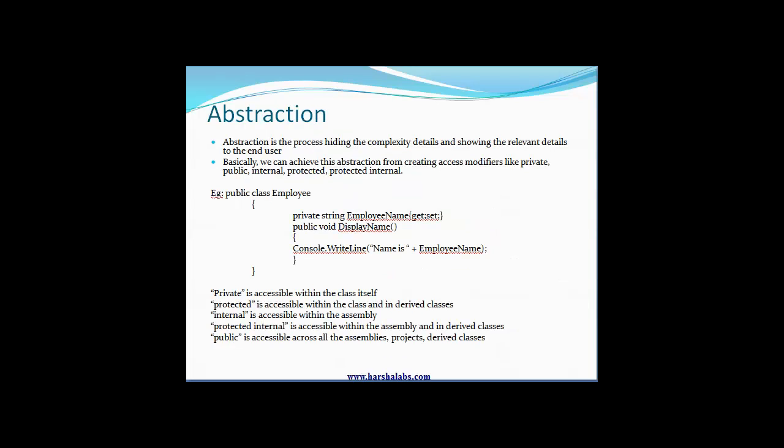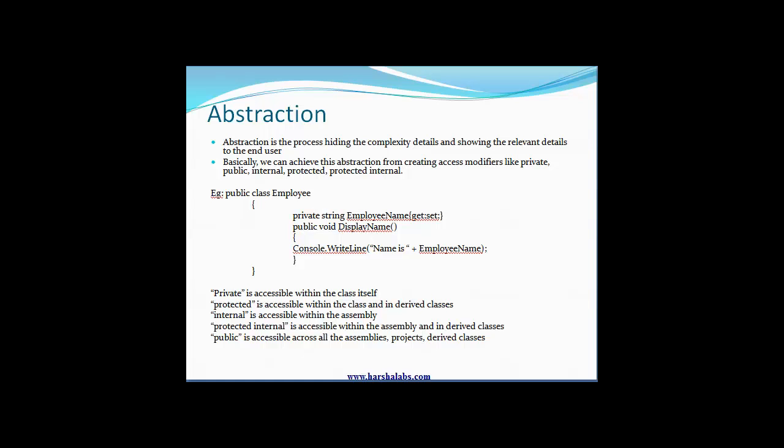Abstraction is the process of hiding the complexity details and showing the relevant details to the end user. We can achieve abstraction by using access modifiers like private, public, internal, protected, and protected internal. Each access modifier has its own limitations. Private is accessible within the class itself and cannot be used in other classes.